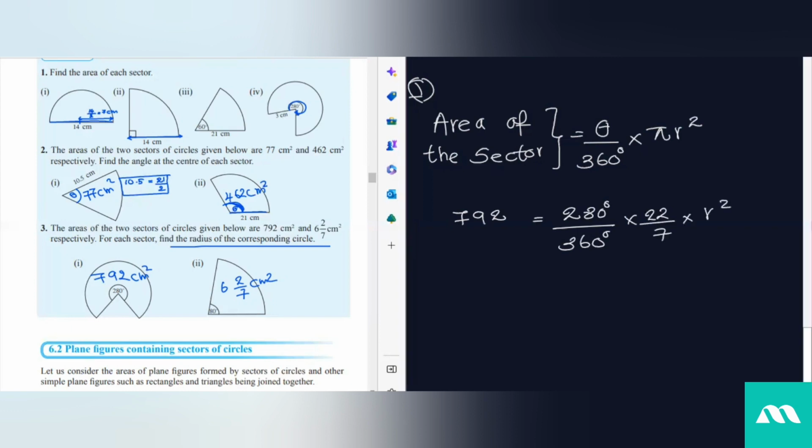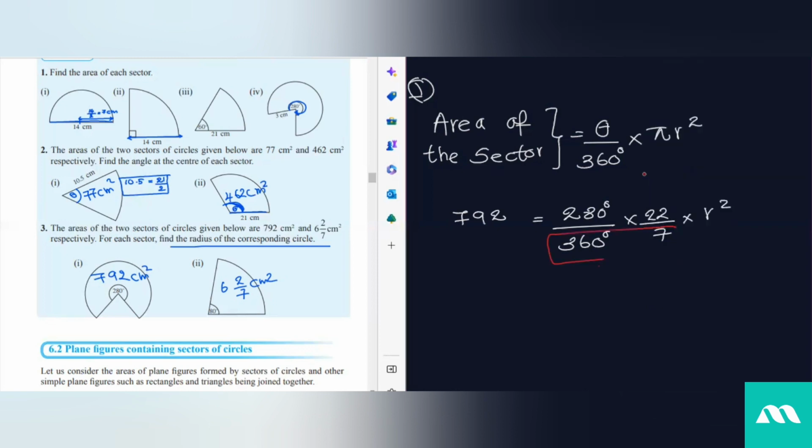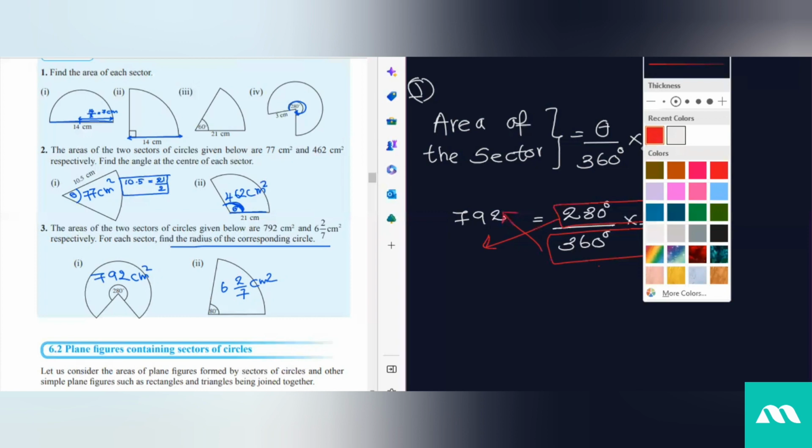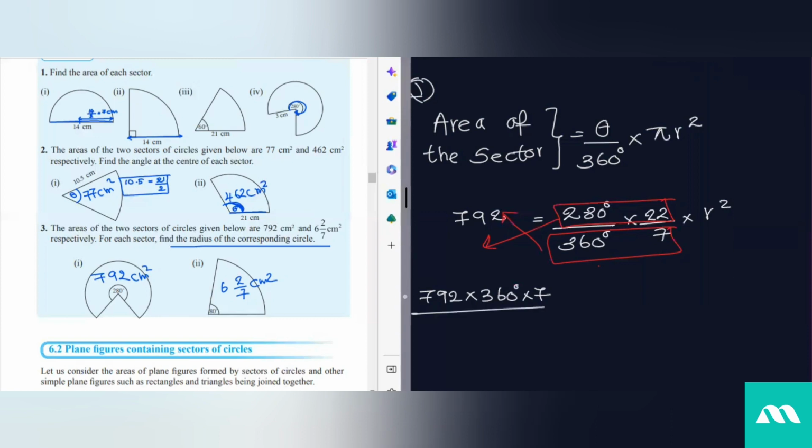In this case also, we take all the denominator values to the numerator and the numerator values to the denominator. 792 multiplied by 360 multiplied by 7 upon 280 multiplied by 22 is equal to r square.